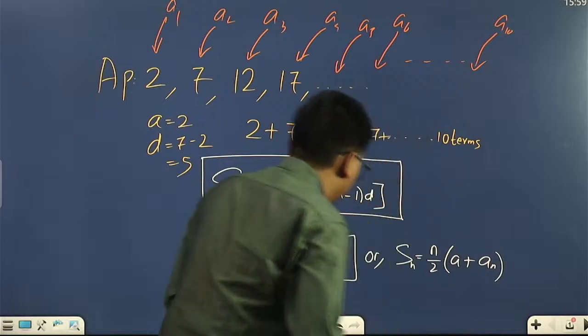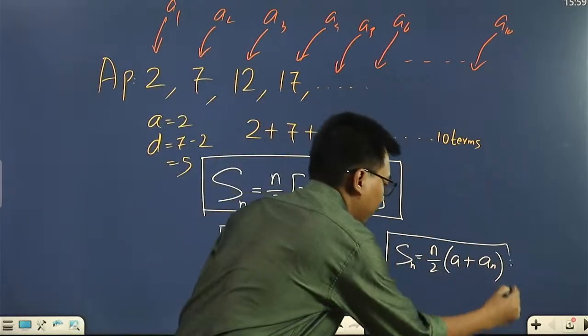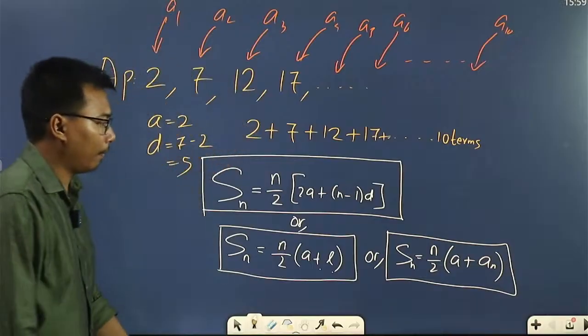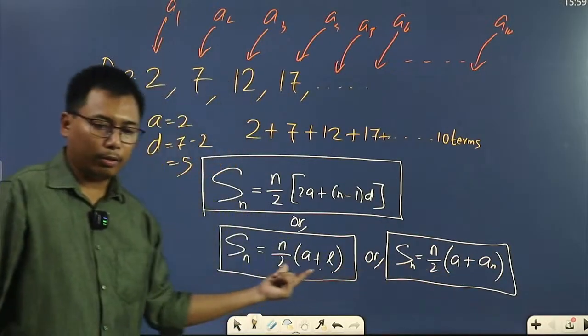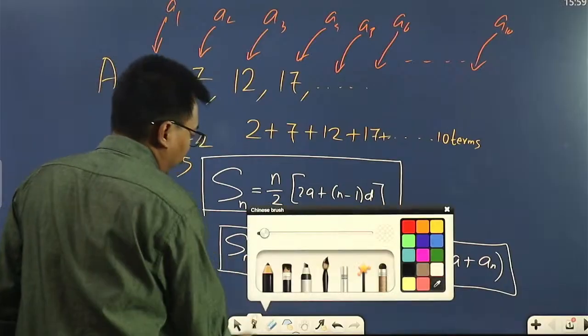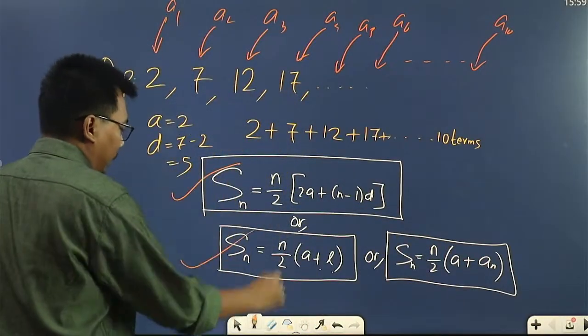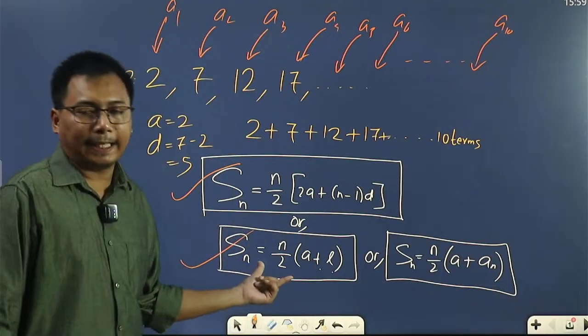In place of l we also sometimes write an, so do not get confused. We can write either. So basically, to find the sum of n terms, we have two formulas. First is this, and the second one is this.